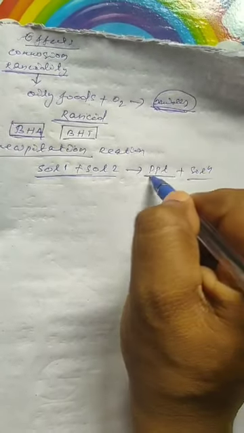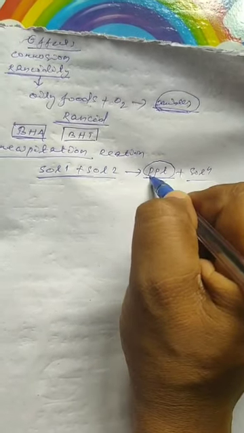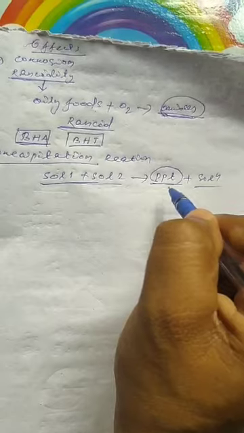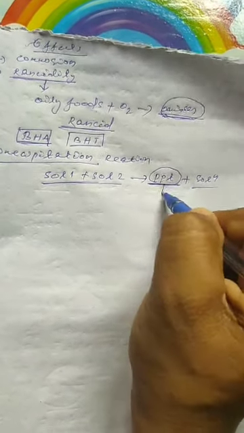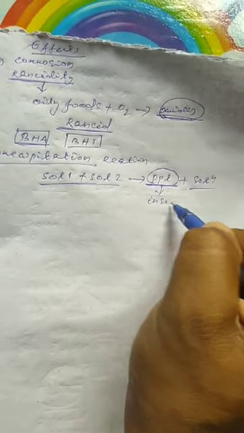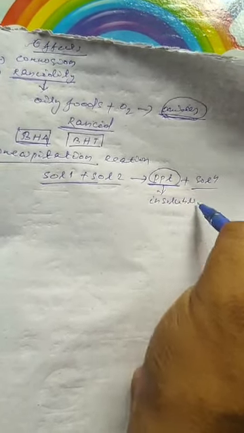Here one substance is not soluble, that means insoluble. The solutions are soluble, but this substance is insoluble, so it appears as a precipitate. Hence it is known as a precipitation reaction. So precipitation reaction means formation of a precipitate.